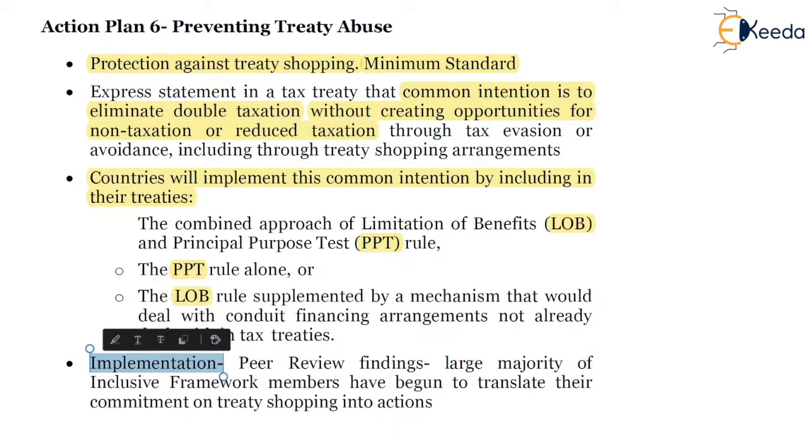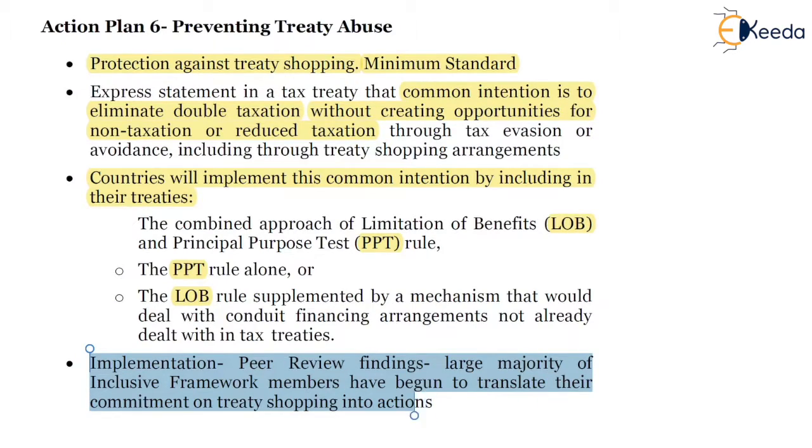So on your screen, implementation, peer review findings: a large majority of inclusive framework members have begun to translate their commitment on treaty shopping into actions. So the findings of the peer review were positive.